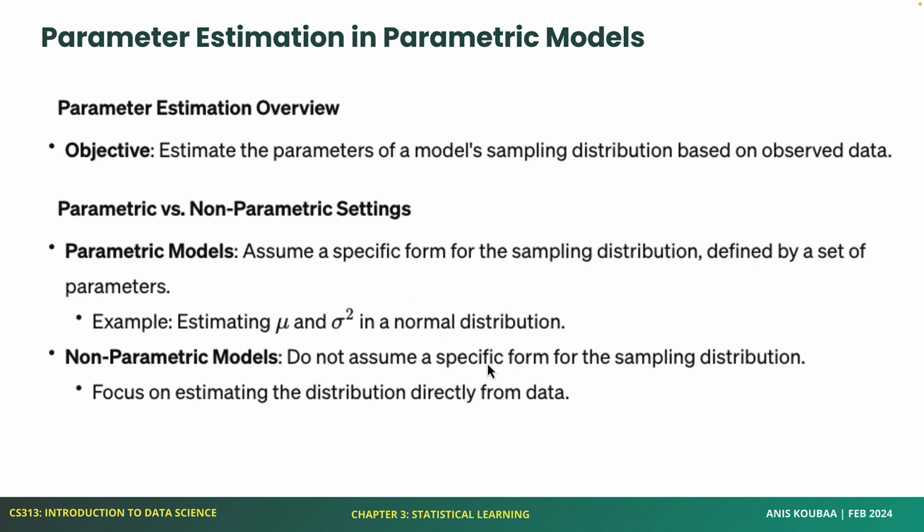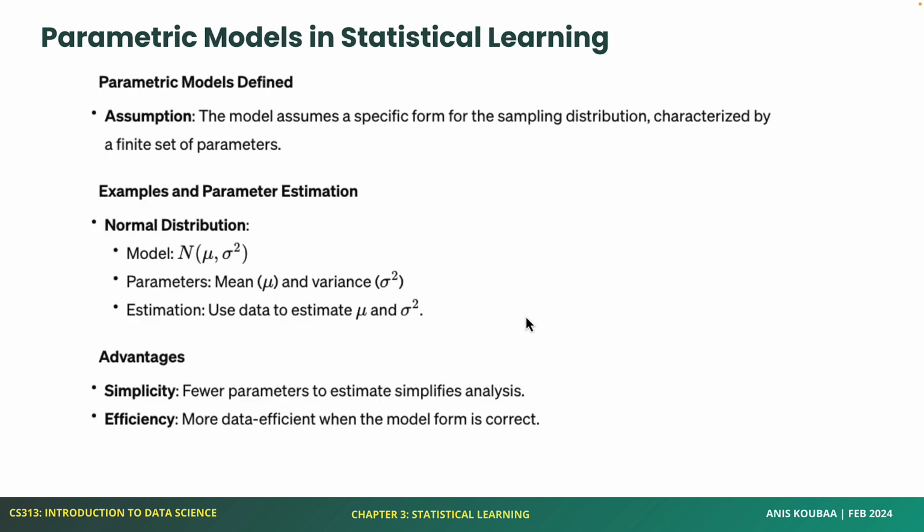So I'm not going to assume any specific form of sampling distribution. I will try to discover what's the probability density function. Okay, so we'll try to estimate a probability density function that is unknown in advance. And in the parametric case, you'll say, if I assume that it is a normal distribution, I will try to find the variance and the average. And I will show you some examples.